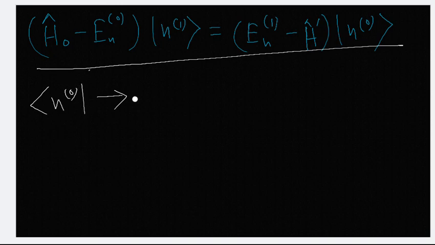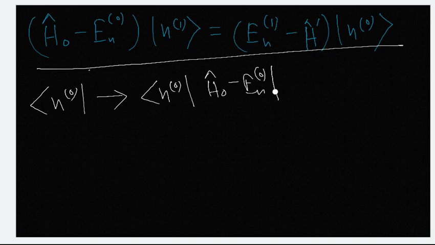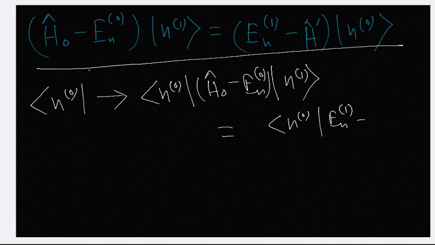Then you have ⟨n0|(H0 − En0)|n1⟩ equals ⟨n0|(En1 − H')|n0⟩. So basically it will yield En0.